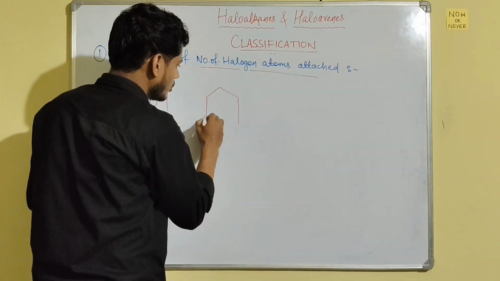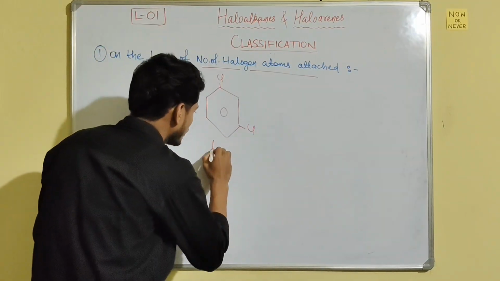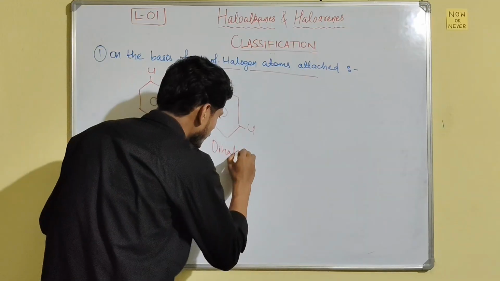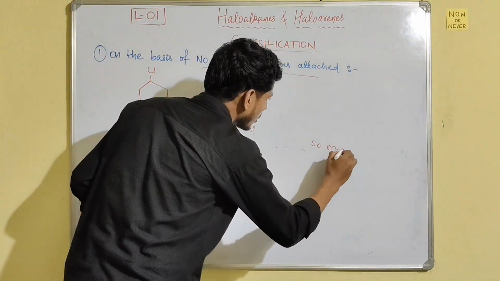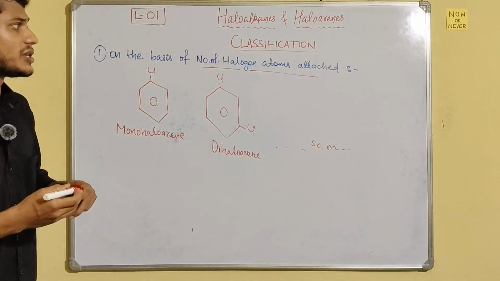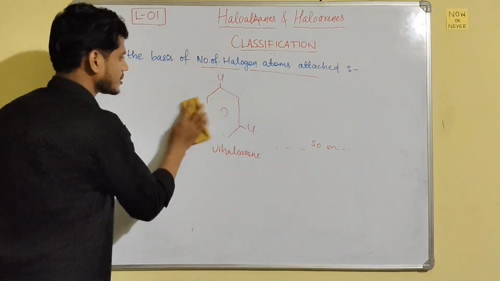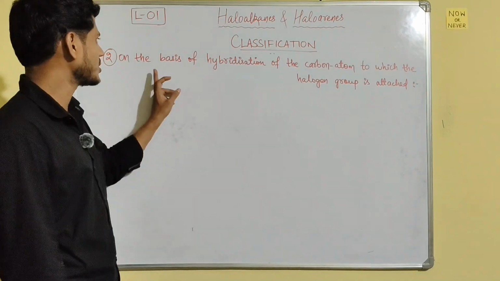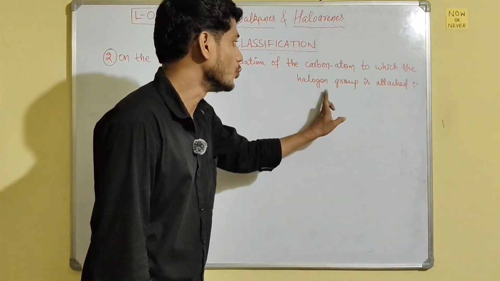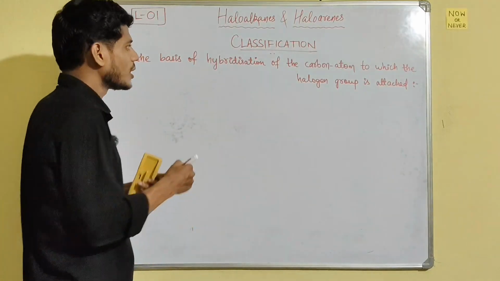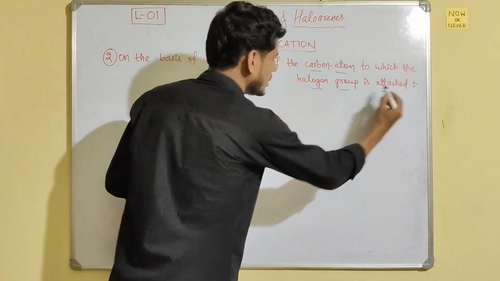If there are two, for example here, it will be called dihaloarene. And so on. So this is our first basis of classification, that is on the basis of the number of halogen groups attached. The second basis of classification is on the basis of hybridization of the carbon atom to which the halogen group is attached.